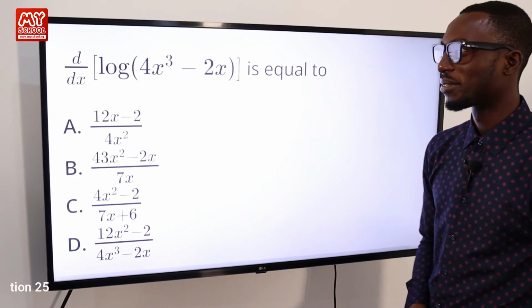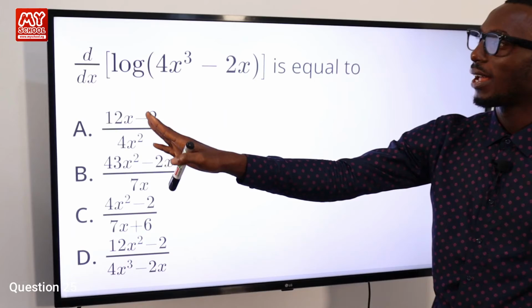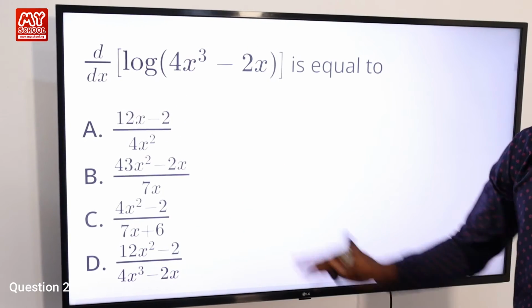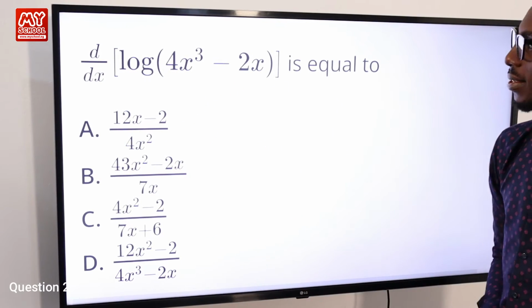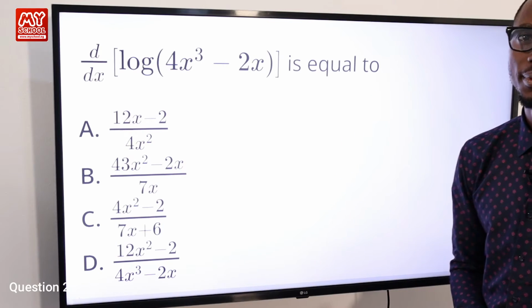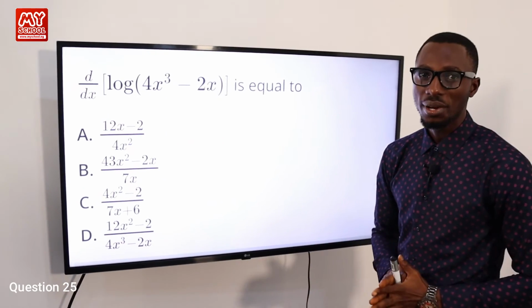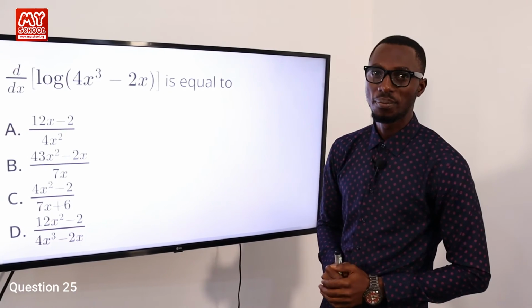Question number 25. d/dx of log of 4x cubed minus 2x is equal to... So this is definitely a question under differentiation, and this implies that we have to employ the chain rule.